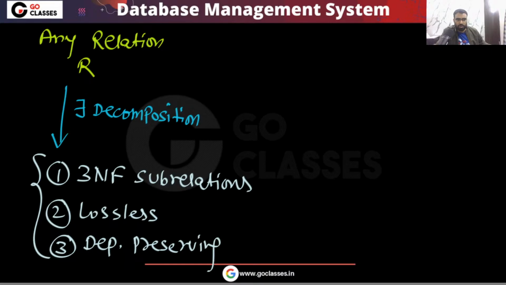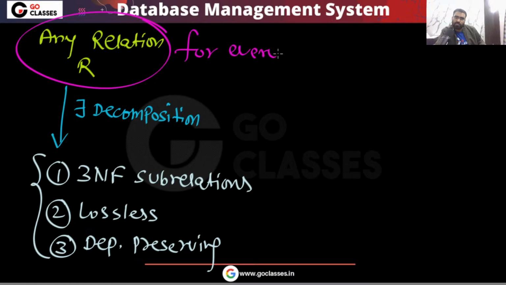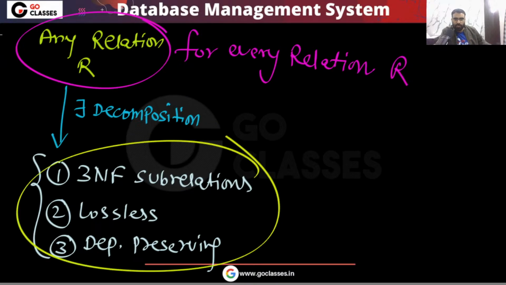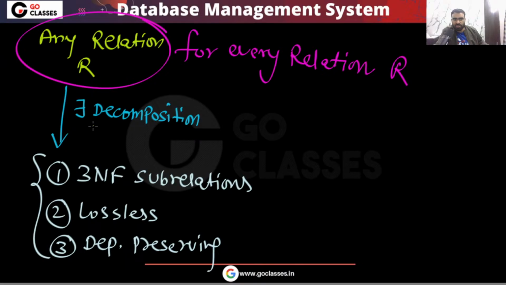I hope you understood. This will happen for every relation. For every relation R, if you want a decomposition with these three properties, this type of decomposition is always possible.